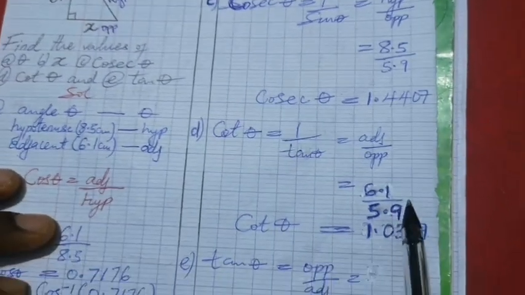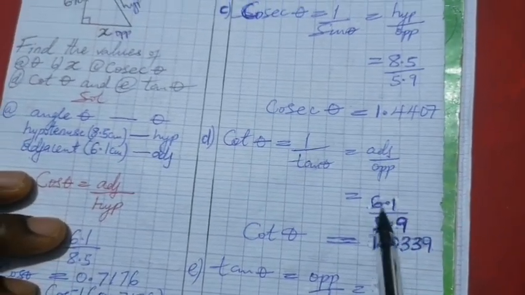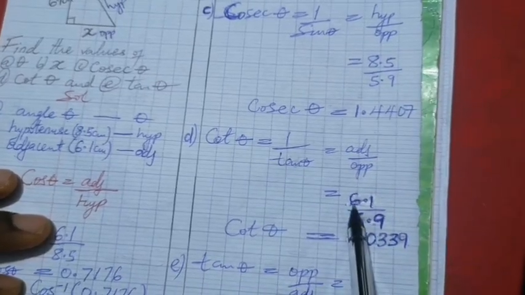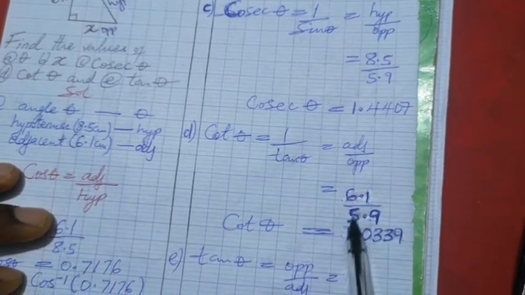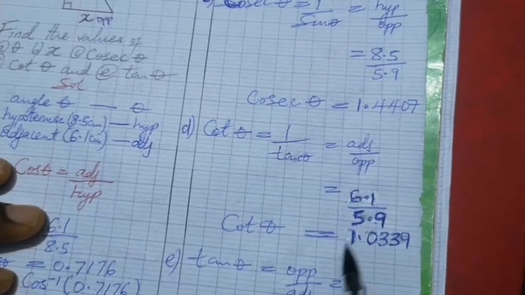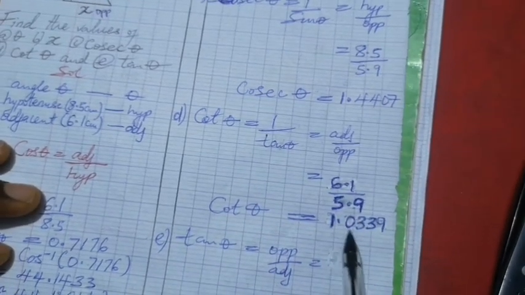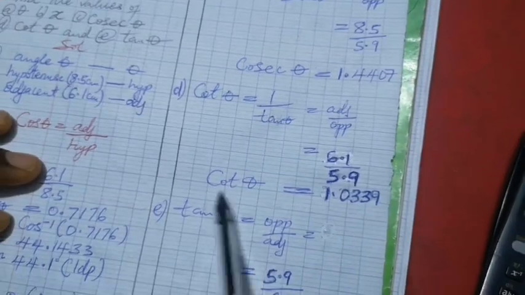So we can now replace it here. So from this formula we have here, we now have 6.1 all over 5.9. Okay, so by the time you divide this, you will have 1.0339. That is our cot theta.